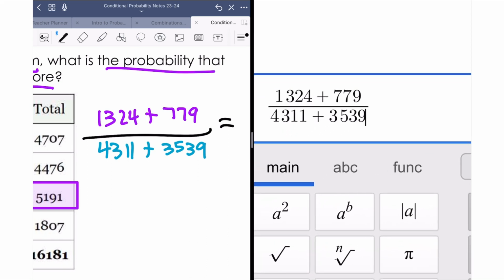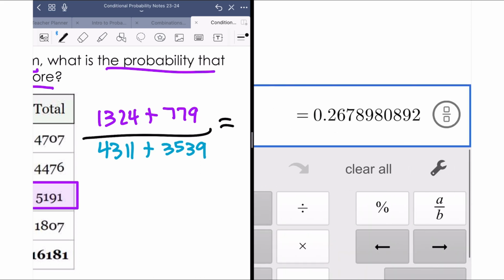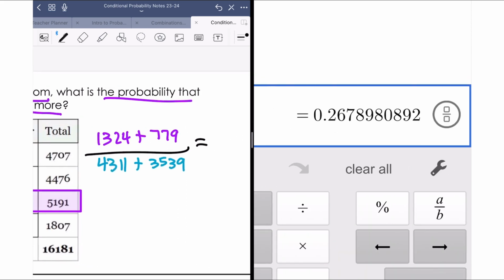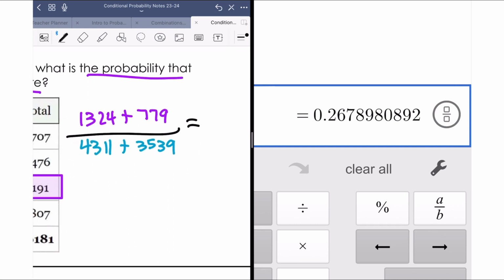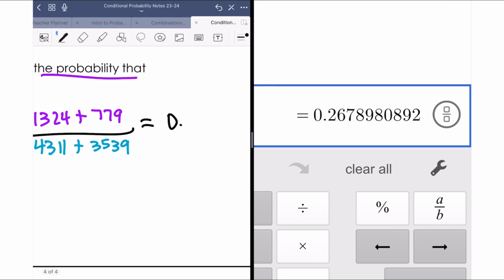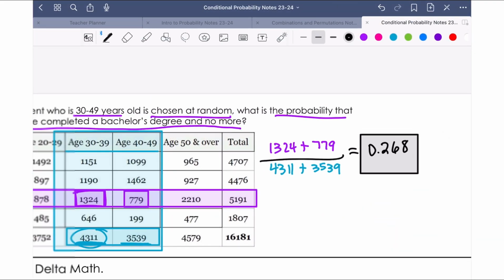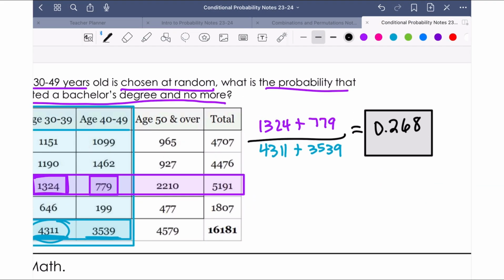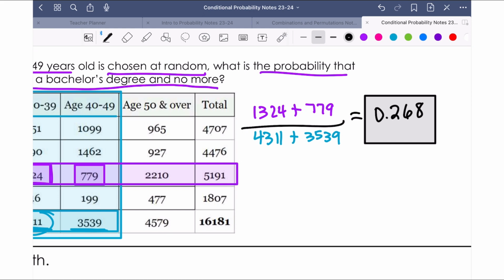Be very careful. Yes, it matches. Okay, what do we get? 0.268. Okay, there's my probability. Delta Math will tell you what to round to. This one doesn't say, but that is the probability.